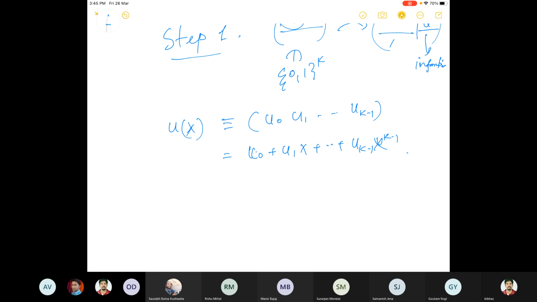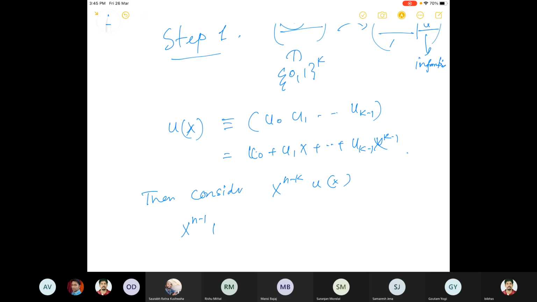Now I'm telling a procedure which we did not discuss till now. Same thing we'll be doing, but in a different language. So u(x) is equal to this one. Then consider or multiply x^{n-k} times u(x). So what will you get?